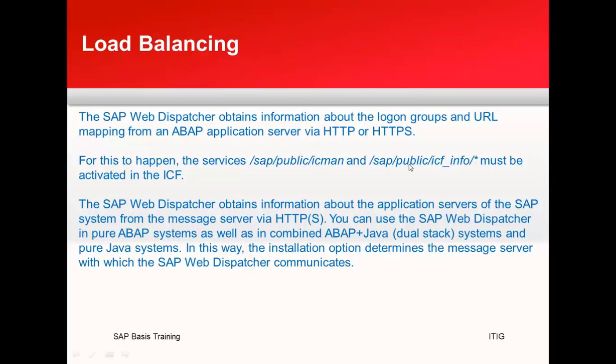These two services have to be active for the dispatcher to do the load balancing. The SAP web dispatcher obtains information about the application servers of the SAP system from the message server via HTTP or HTTPS. You can use the SAP web dispatcher in pure ABAP systems as well as combined ABAP plus Java systems and pure Java systems.